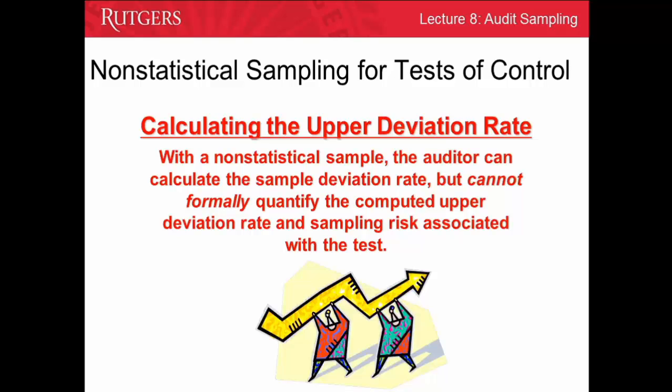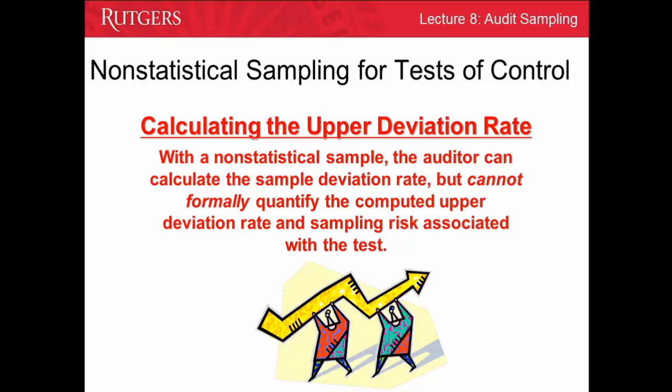Then, with a non-statistical sample, the auditor can calculate the sample deviation rate, but cannot quantify the computed upper deviation rate and the sampling risk associated with the test. The AICPA Audit Guide Audit Sampling provides the following advice for considering sampling risk in non-statistical tests of controls.